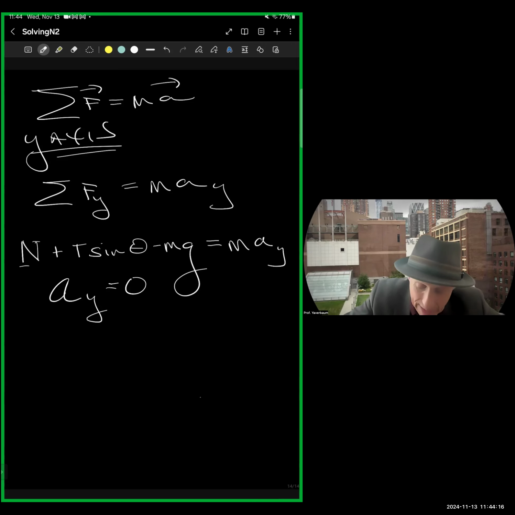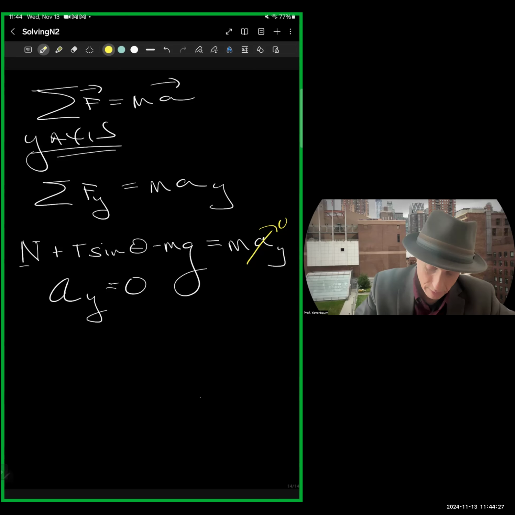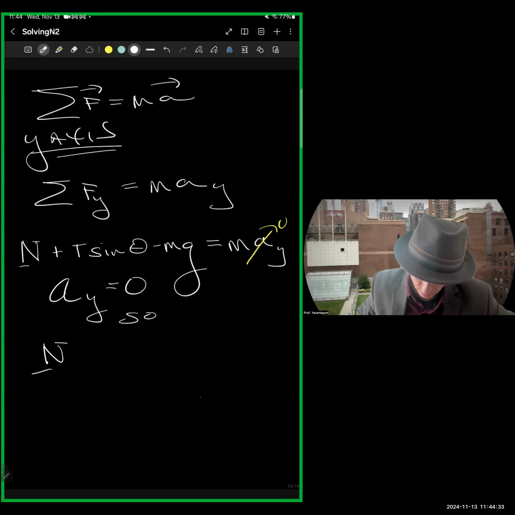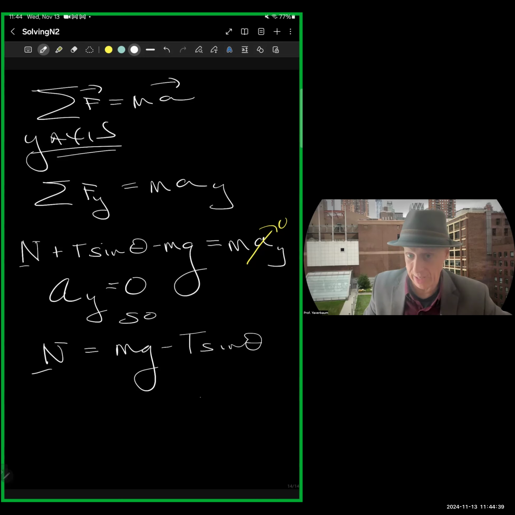So the right side is 0. And so therefore, the left side, N, equals mg minus T sine theta.